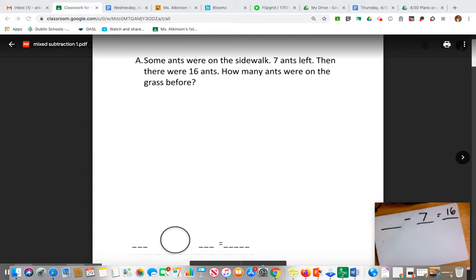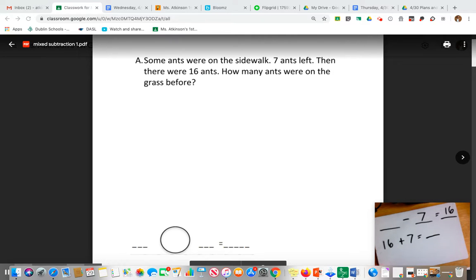So Miss Atkinson could try and think, what number minus 7 equals 16? Or Miss Atkinson could turn this into an addition problem, and I could do 16 plus 7 equals, and then we could find out what our original number of ants on the sidewalk were.